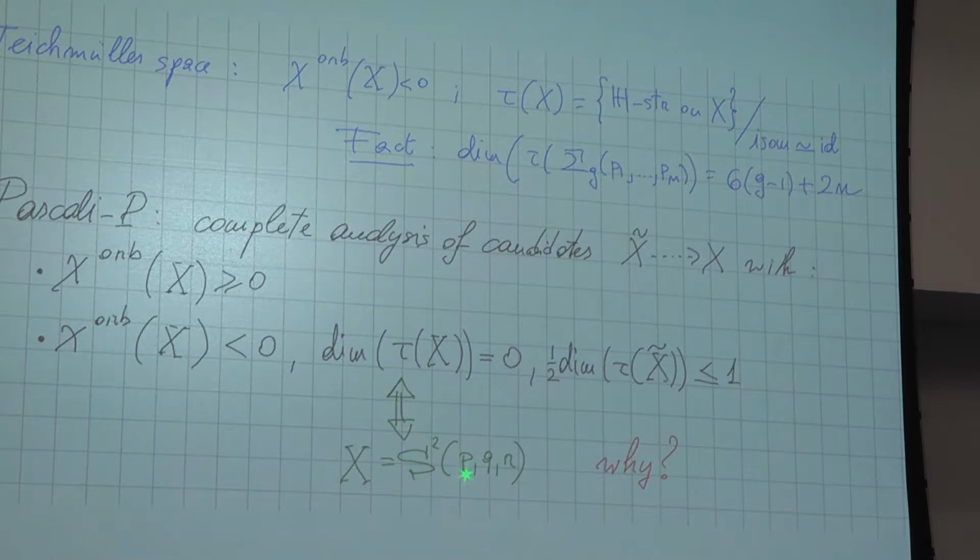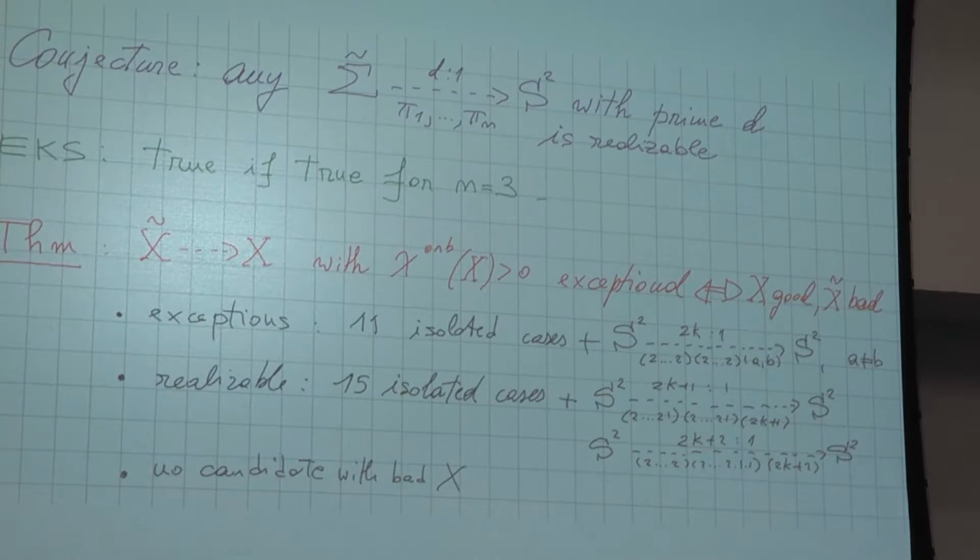I already alluded to this before: why do we restrict to the case where X is the sphere with only 3 branching points? The reason is that there's a conjecture, first stated, I think, in the cited paper of Edmund Kulkarni and Stone, that if the degree is a prime number, then the candidate should be realizable. This starts leading us toward connections with arithmetic that were not quite apparent so far.